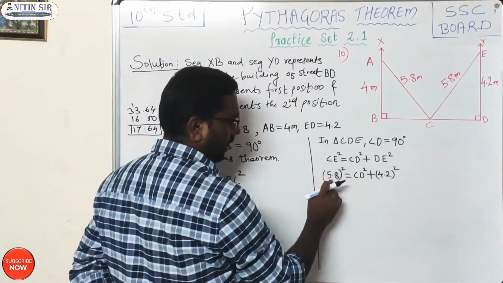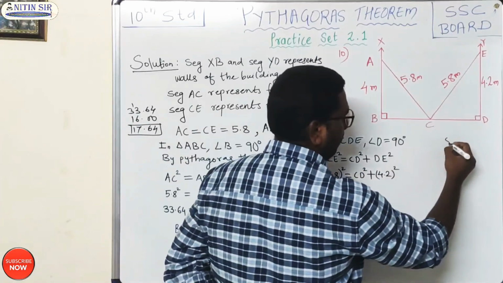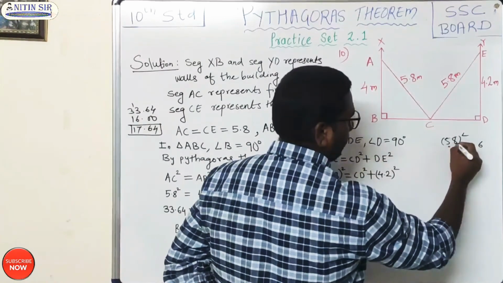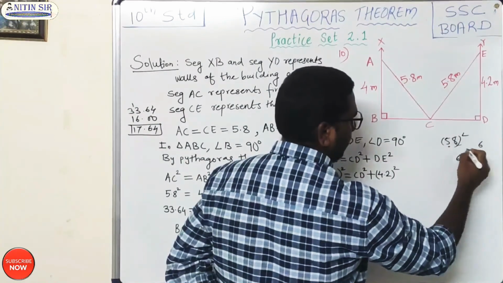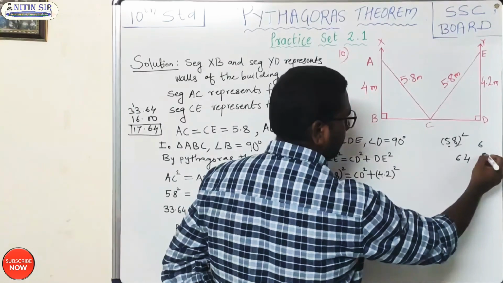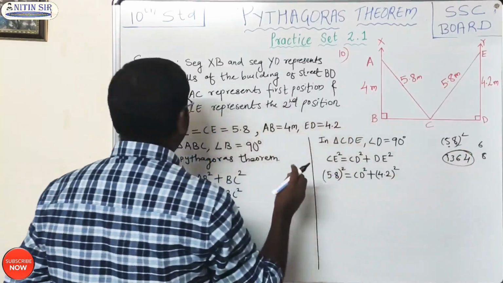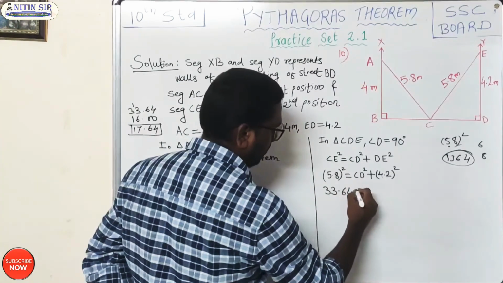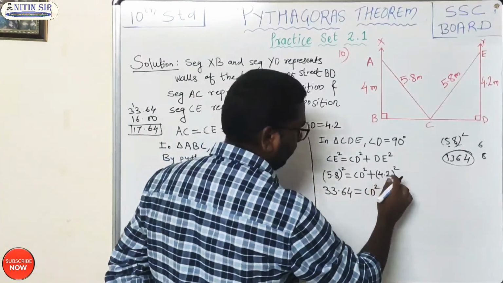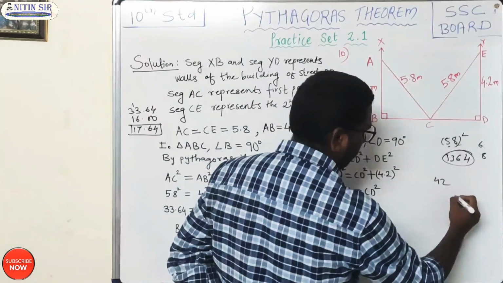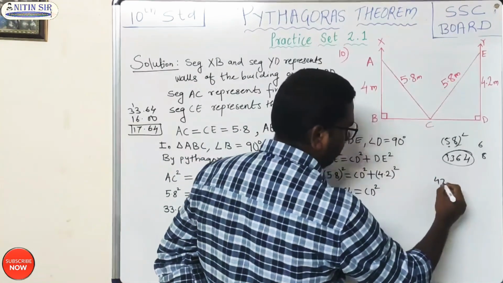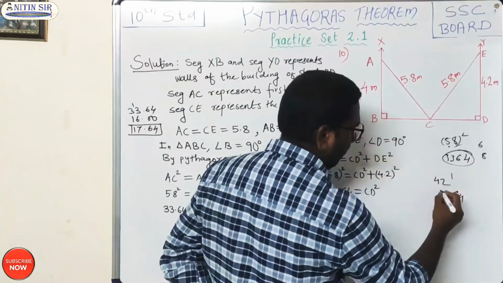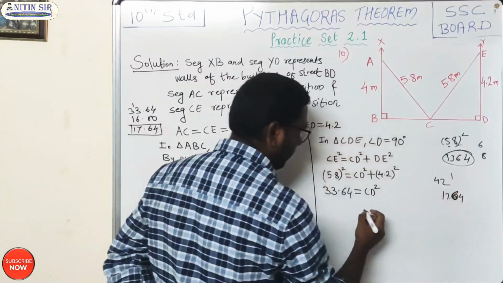How to find the square? I have told you how to find the square of this number. 58 का square, 8 8s are 64, 8 5s are 40, 80, 86, 5 5s are 25 plus 8, 33, 3364. So 33.64 is equal to CD square. Again 42 का square, 2 का square 4, 4 2s are 8, 8 2s are 16, here 6 will carry 1, 4 4s are 16 plus 1 17, 17.64.